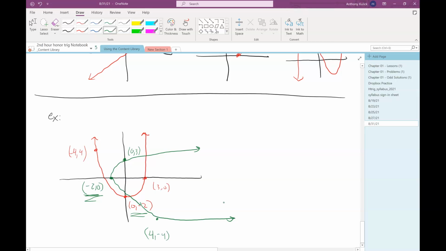I did kind of a poor job drawing that. It's maybe a little better. Does it feel okay? What can we say about this inverse?